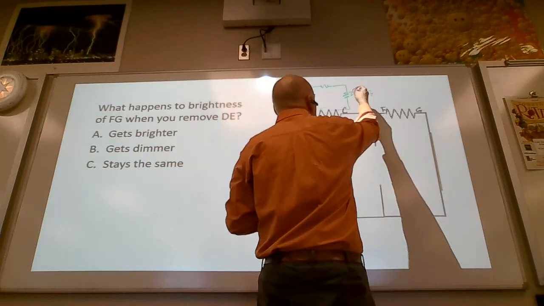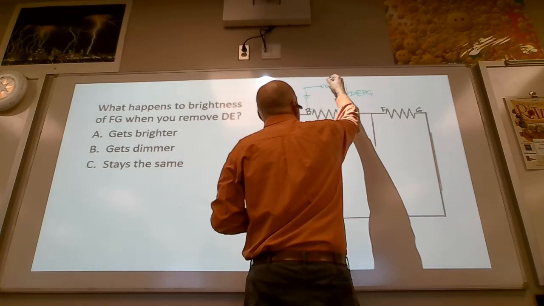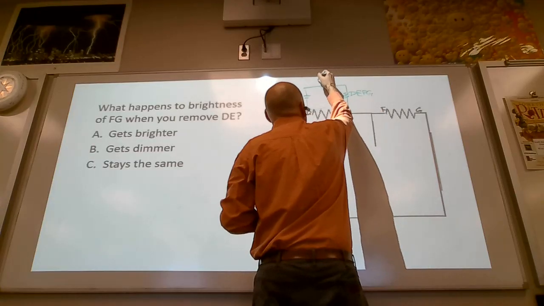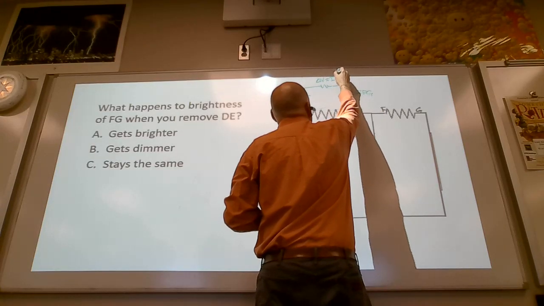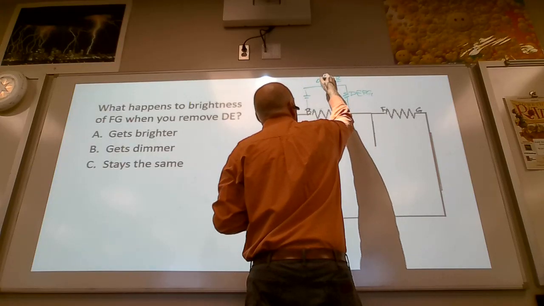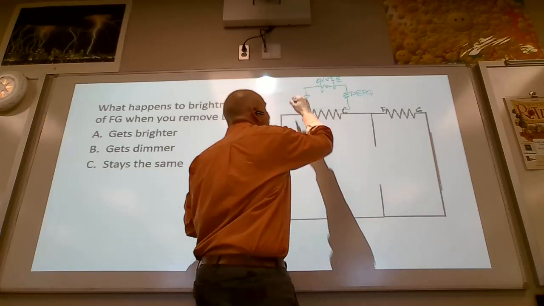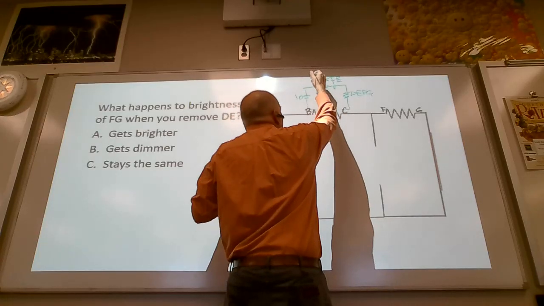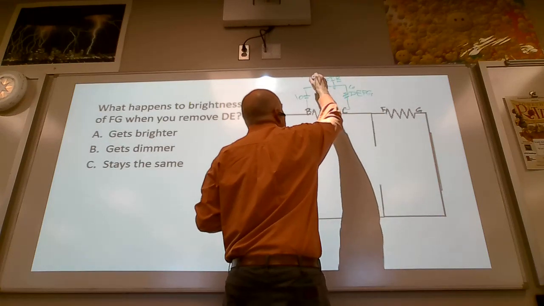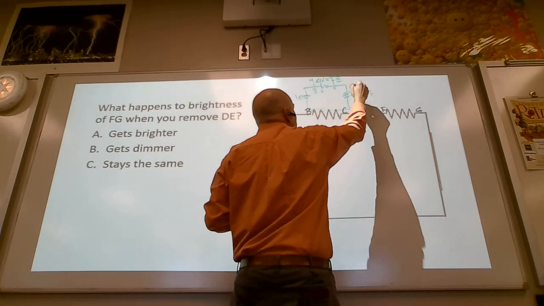Okay, so here we just said the total current decreased. The resistance across this guy stayed the same. Current decreased, so voltage drop decreased. If this is 10 volts, it went from, I'm making this up, from 4, and this was 6. This now goes to 3. Now this has to become 7.